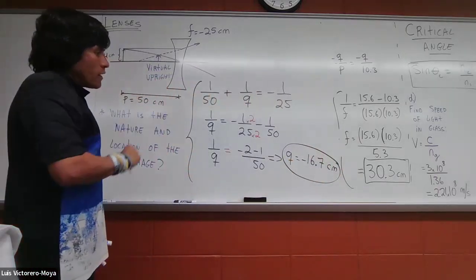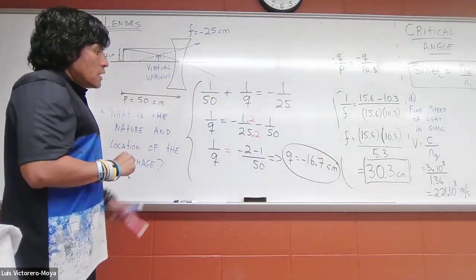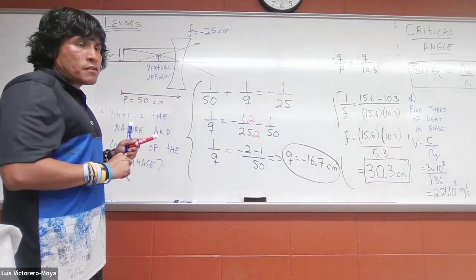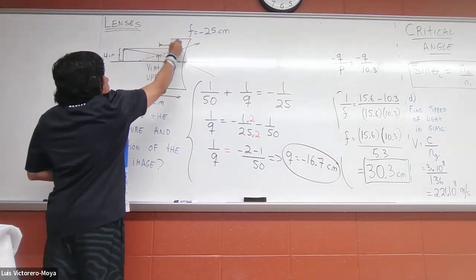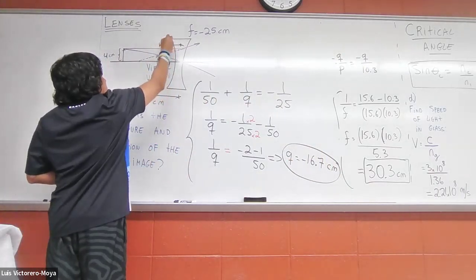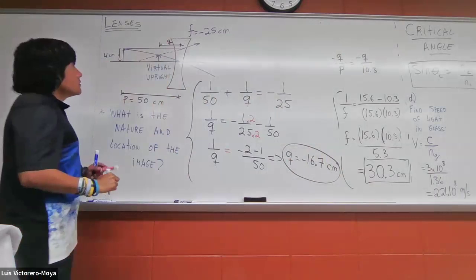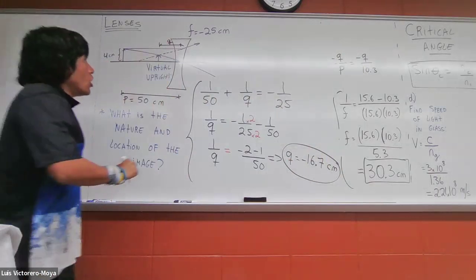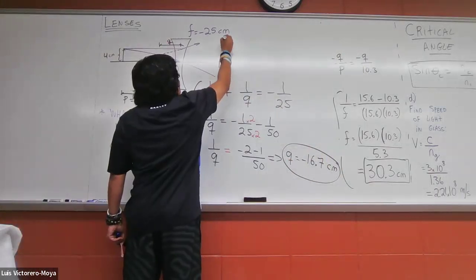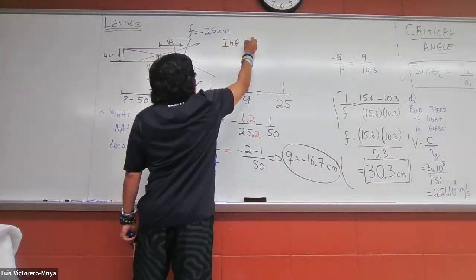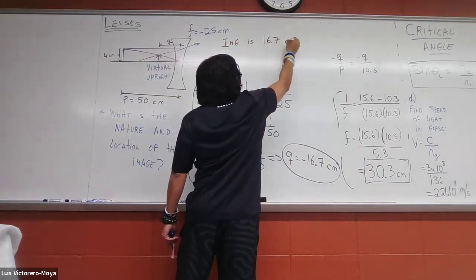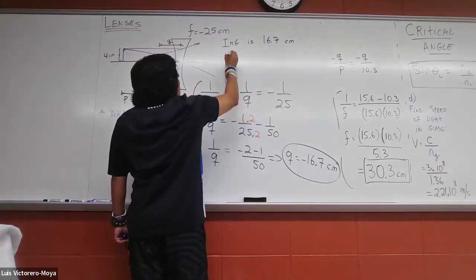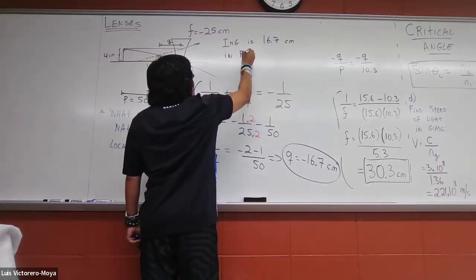So yeah, virtual 16.7 centimeters will be this. This is Q. So the image is 16.7 centimeters in front of the mirror.